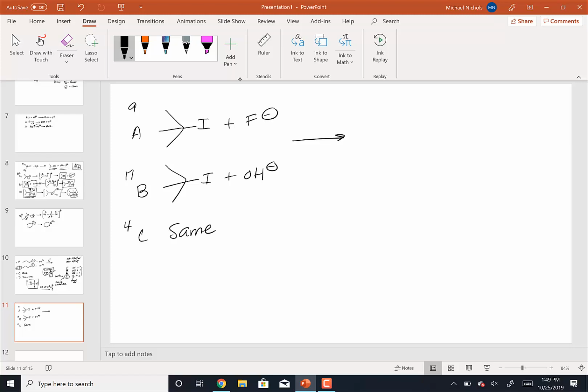Okay? Let's go through again quickly. Mechanism: SN1. What is different about these two reactions? Nucleophile strength. Who is the stronger nucleophile, F minus or OH minus? Okay, let's move on to the next question.